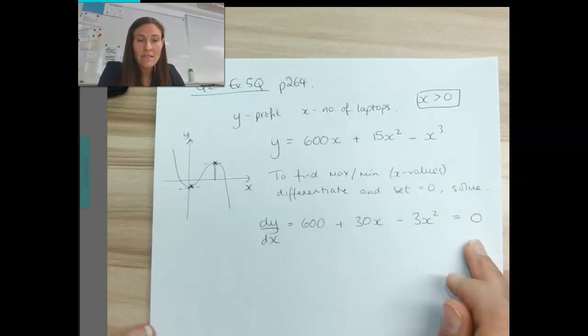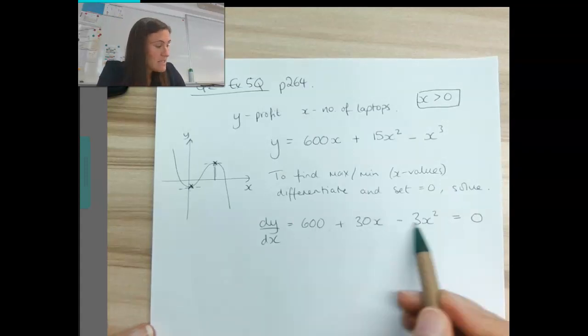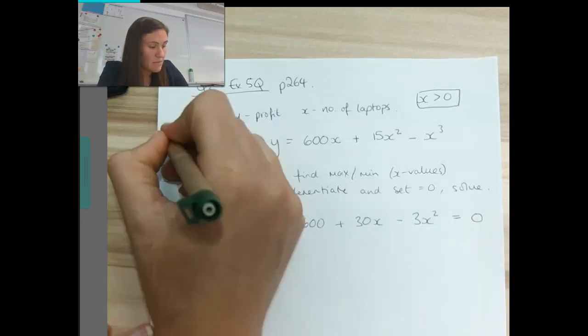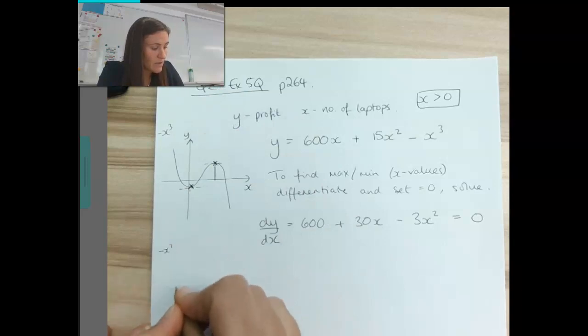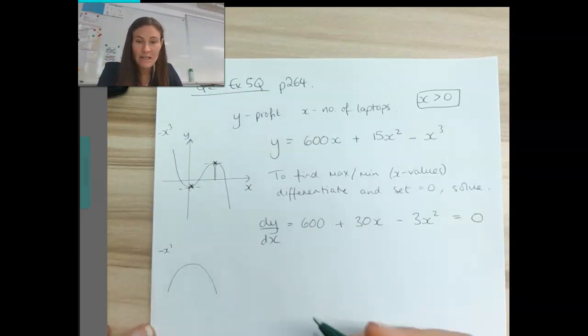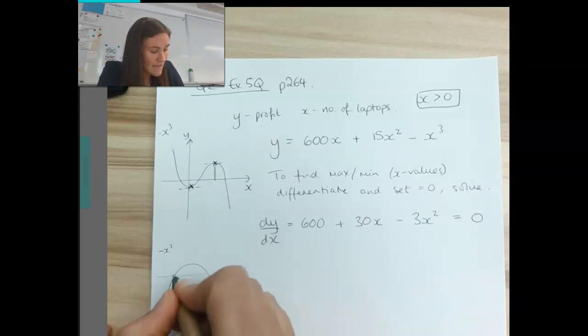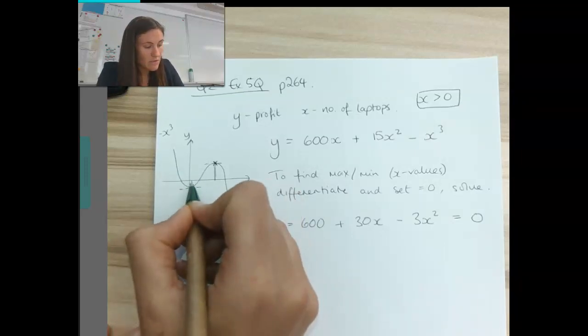In order to solve this, I can put it into a calculator. This is my negative cubic function, and the gradient function is a negative quadratic, which is going to look something like this. And I'm looking for when it equals 0, for when it crosses the x-axis. These two numbers will correspond to these here.